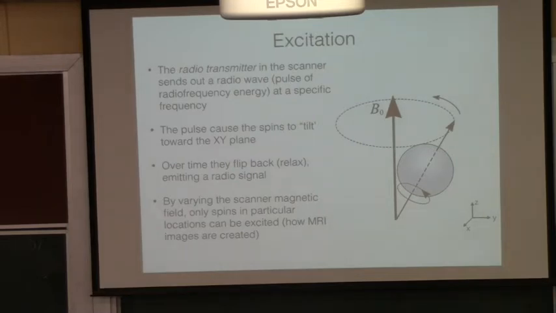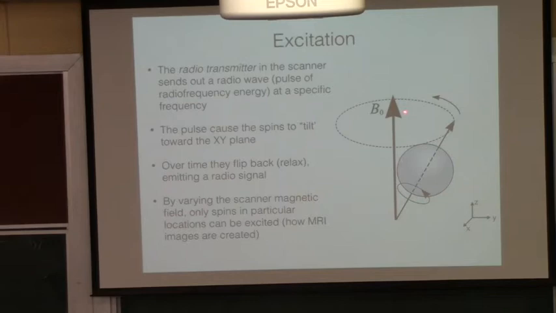And then you'll excite the atom. So you'll be in a static field. You then start sending radio frequency pulses that'll knock these atoms off of their B naught axis, so that axis that they're aligned. The pulse causes the spins to tilt out of the axis of the magnetic field, and over time they'll relax back.